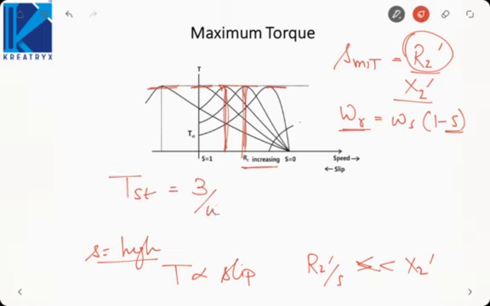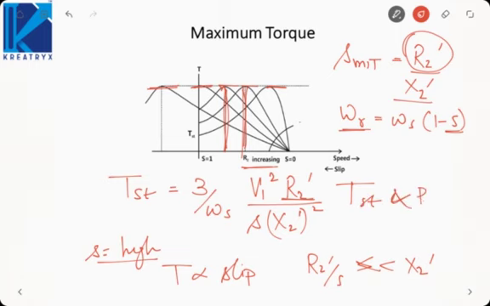3 by omega s V1 square R2 dash by s times X2 dash square. So here the starting torque is proportional to R2 dash. So by increasing the rotor resistance, the starting torque will increase.